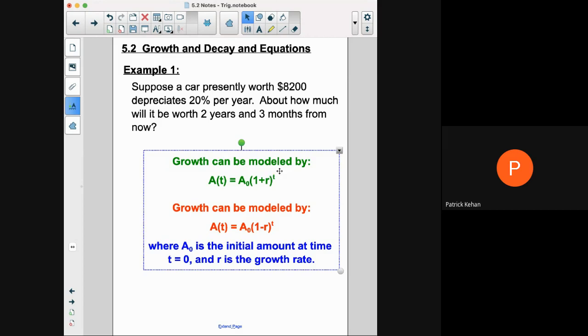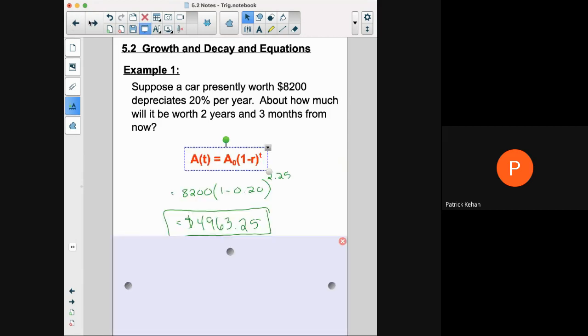And this unit of time here should match the unit of the growth rate. Decay can be modeled by a similar function, A of t equals A sub 0 times quantity 1 minus R to the t. Again, be careful that you read whether it's a growth or a decay scenario.